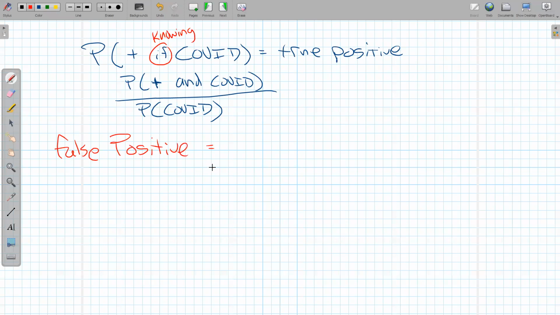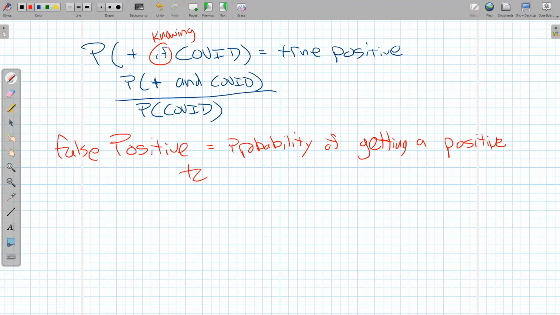We know they really don't have it, right? So it's the probability of getting a positive test knowing they really don't have the disease.